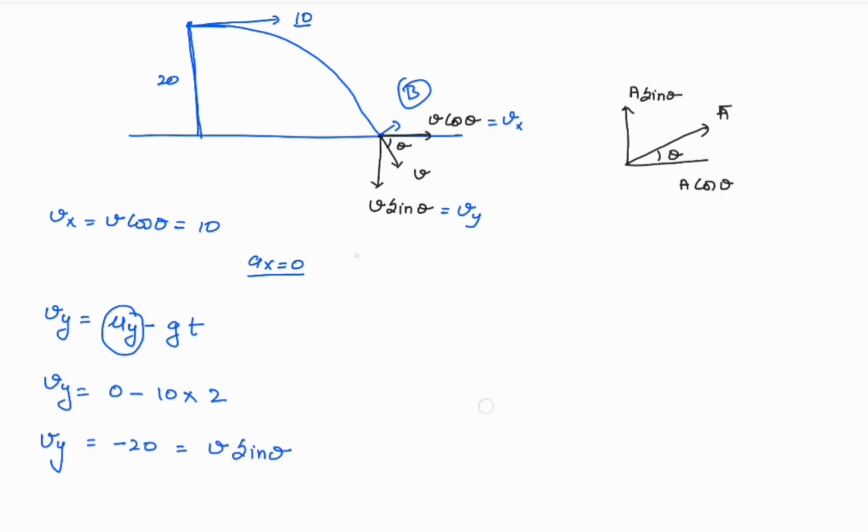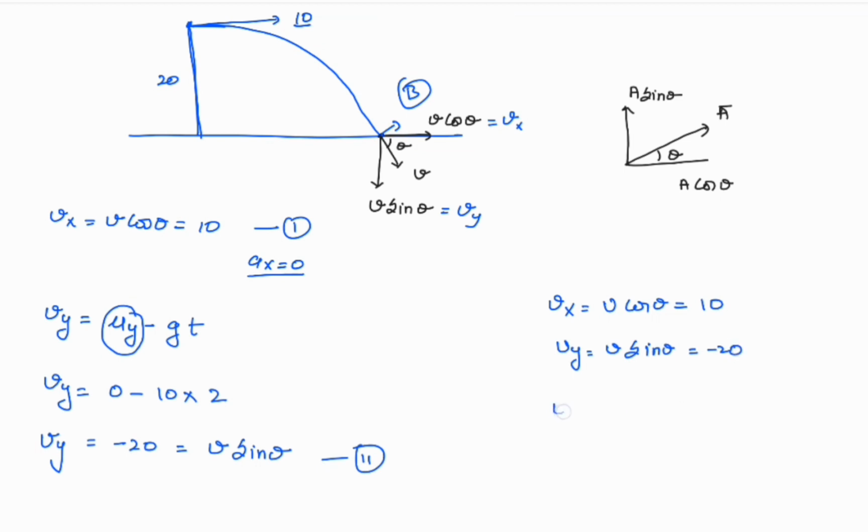Now let us consider, this is equation number 1 and this is equation number 2. v of x, which is equal to v cos theta, is equal to 10, and v of y, which is equal to v sin theta, is equal to minus 20.